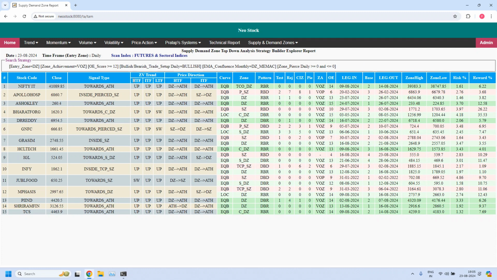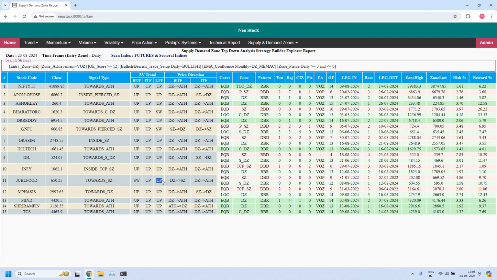Here the HTF is the monthly time frame. See here, zone violation, in all the monthly uptrend is there. One stock is having a sideways, Jubilant Food, maybe you can ignore this, but remaining all uptrend you can focus on, because monthly EMA during uptrend makes sense. But if monthly EMA confluence is with a daily demand zone, then you can plan the trade.